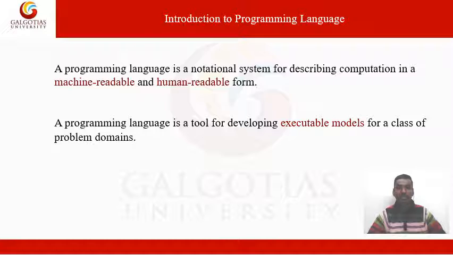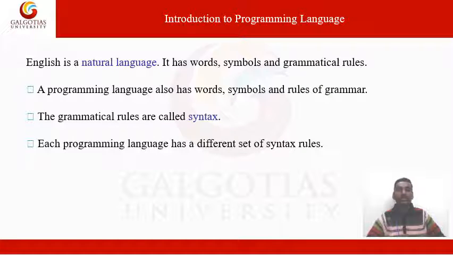Here the programming language acts as a tool for developing executable class models of a particular concept or a particular domain. English is a natural language. It has words, symbols and grammatical rules. Likewise, a programming language also has words, rules and symbols.